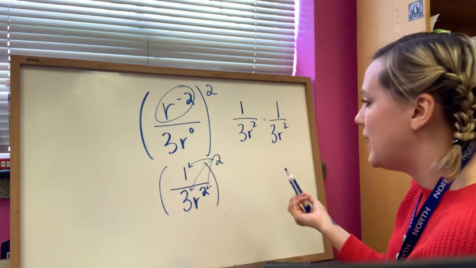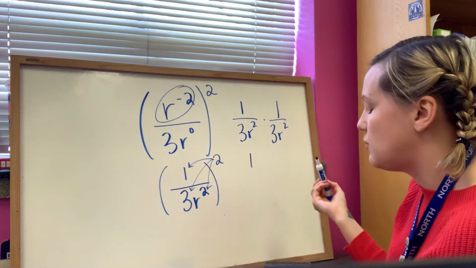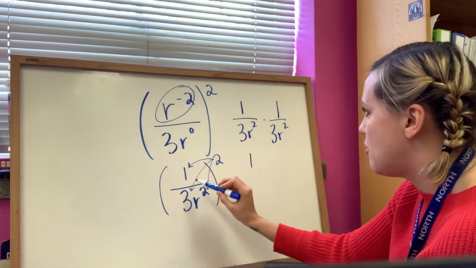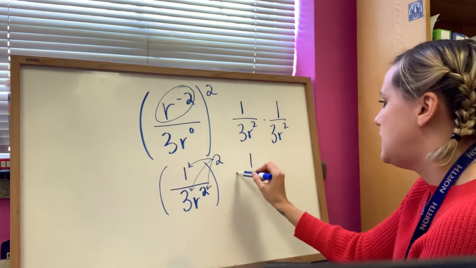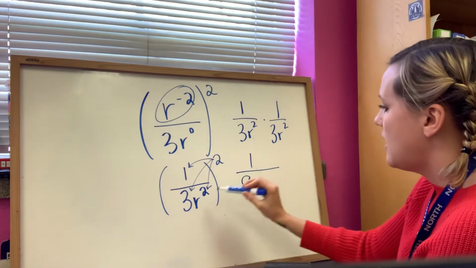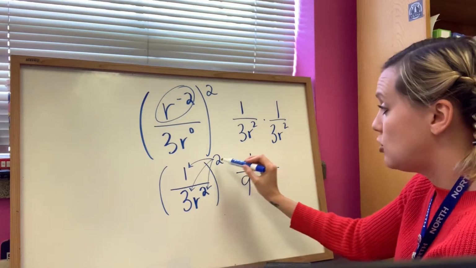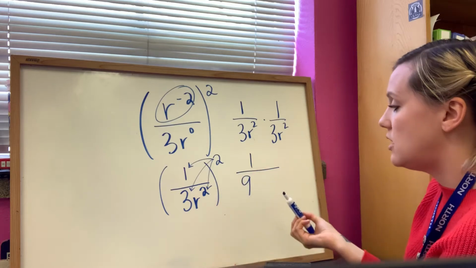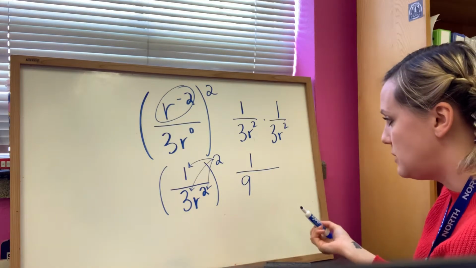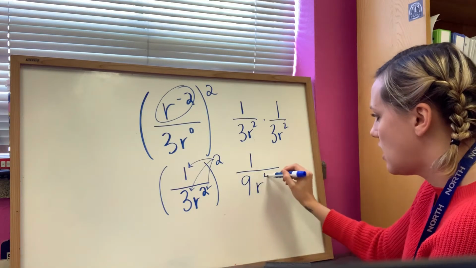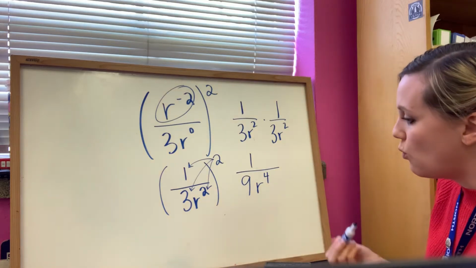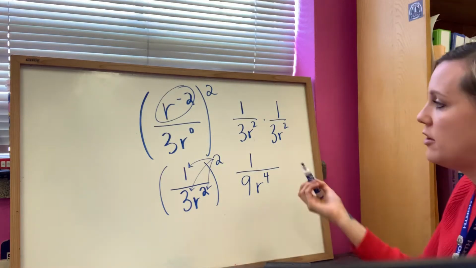So 1 squared is just 1, because 1 times 1 is 1. Then 3 squared is 9. And then r squared squared, so we take those 2s and multiply them to get 4. So you should have gotten 1 over 9r to the fourth power.